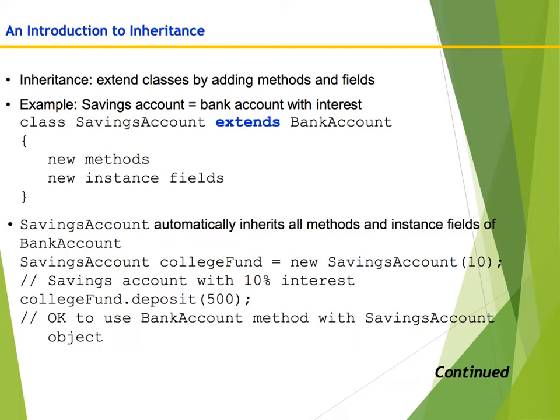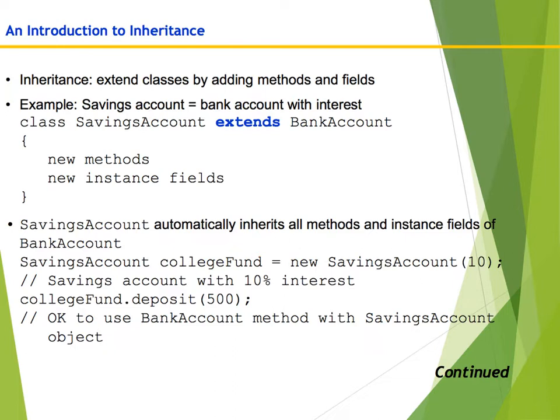Besides, you can use the methods that you could previously use for a bank account, like deposit. For example, if collegeFund is a savings account, you can first create an object of a SavingsAccount and then set it equal to collegeFund.